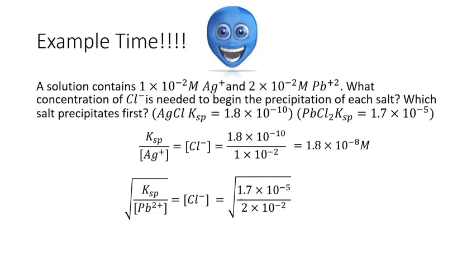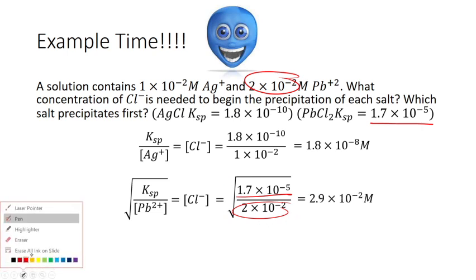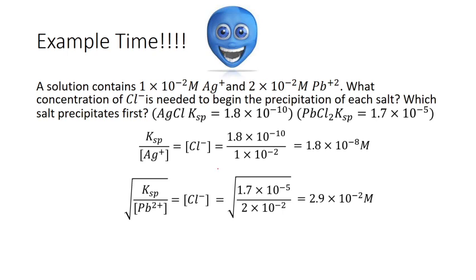When we do that math with our KSP value and the concentration of lead, we get 2.9 times 10 to the negative 2 molar. So a much, much higher concentration is needed to precipitate out lead.